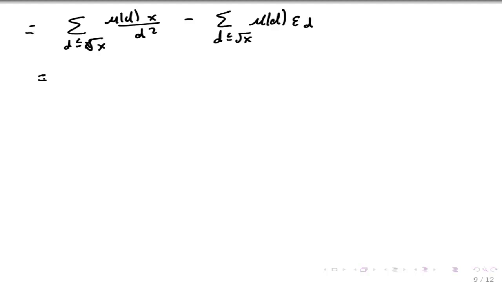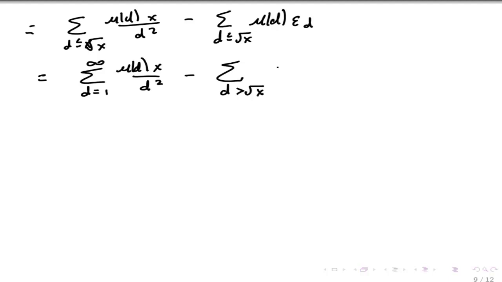And then we're going to turn this into an infinite sum. So I'm going to let d go from 1 to infinity of mu of d x over d squared, and then subtract off those values with d bigger than the square root of x.